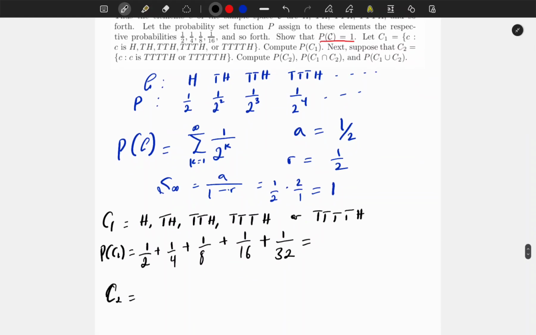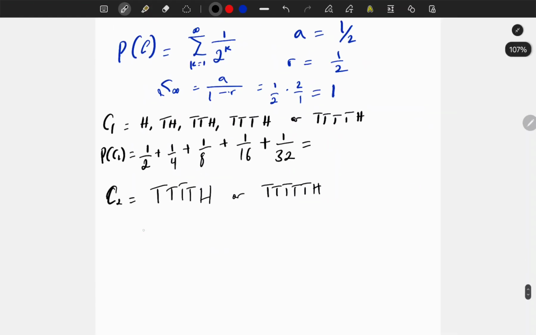We have HH, we have four T's and H, and then five T's and H. So this also should be 1 over 2 raised to the power 5, and that's 1 over 2 raised to the power 6, which you can also verify.